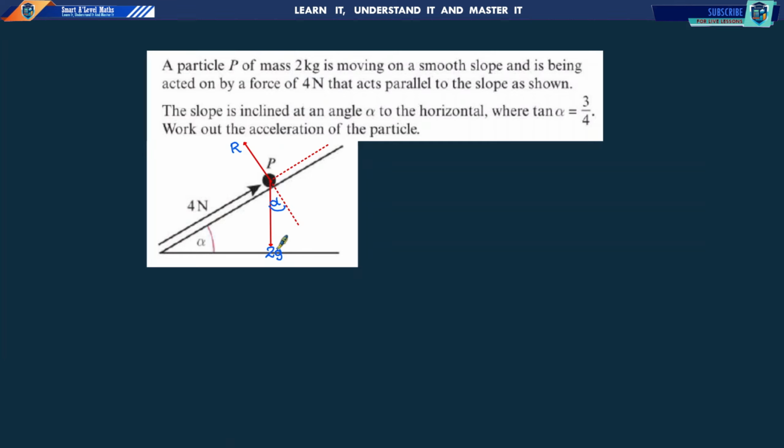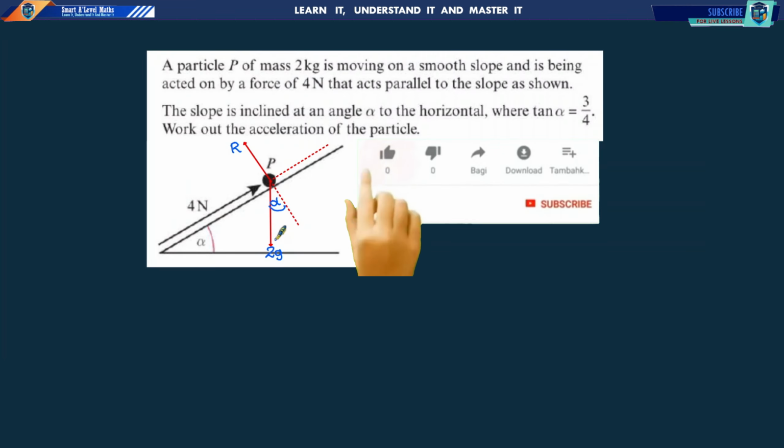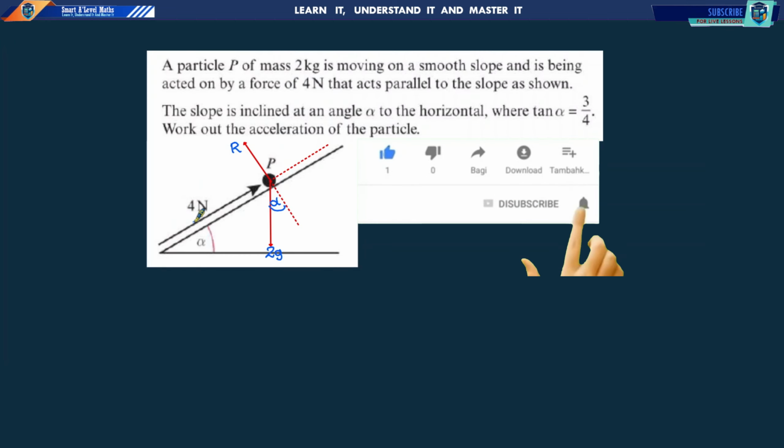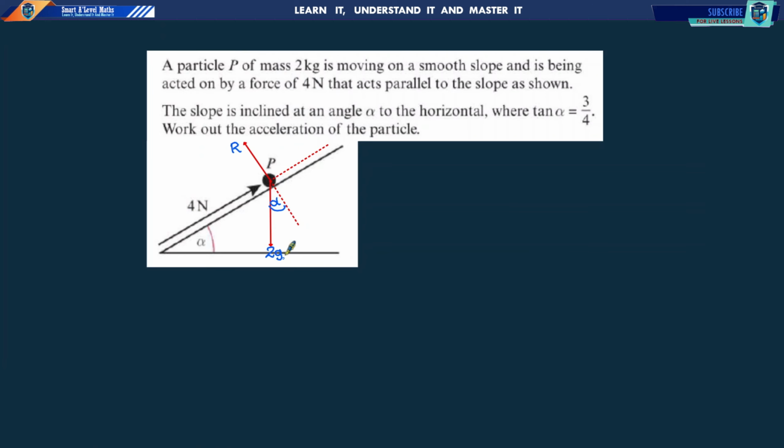Before we start our resolution, we first need to understand a few things. Looking at the weight of the particle and the force given for us here, this weight seems to be bigger than the force given here. Therefore, if we attempt to resolve taking up as positive, then we're going to get a negative answer.